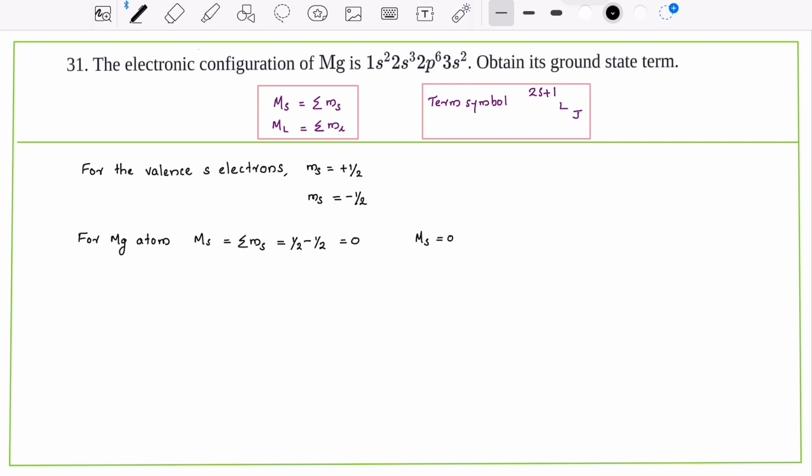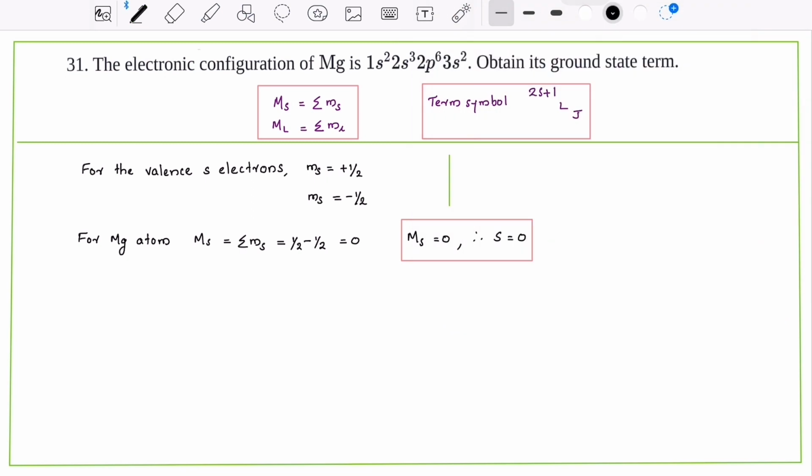When capital Ms is equal to 0, it is evident that capital S is also 0, because Ms can take only 2S plus 1 values, and here for S is equal to 0, the value is 0. That is, when Ms is equal to 0, we can say that the capital S is also 0.